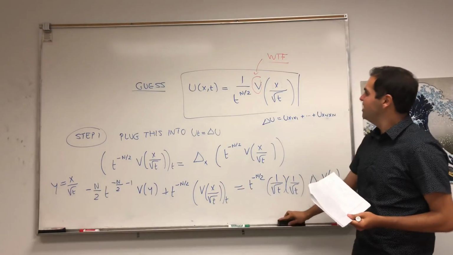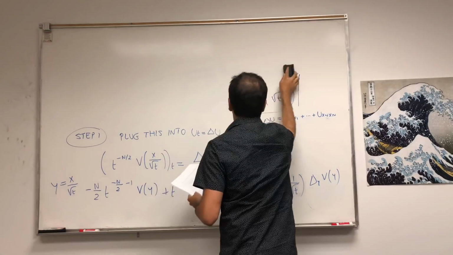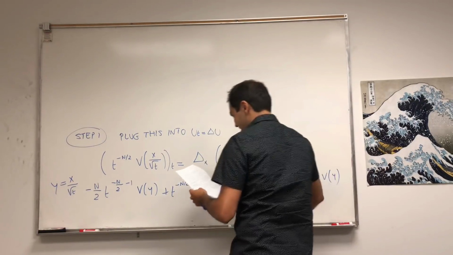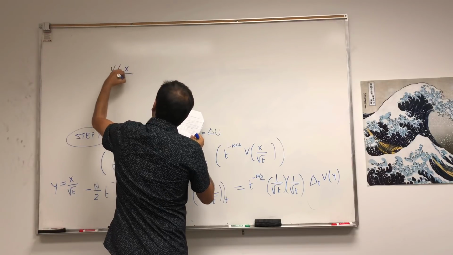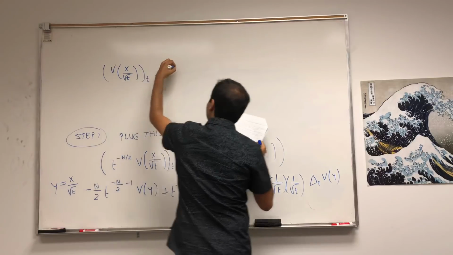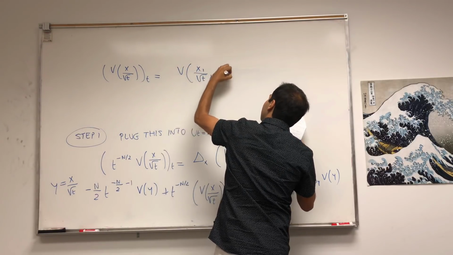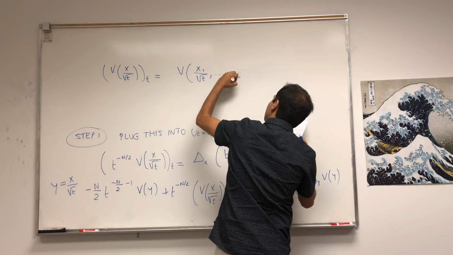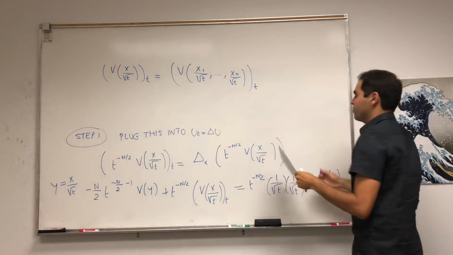Let's just do the t derivatives, just for the sake of completeness. Alright, so let's see, v of x over square root of t, t. Really in terms of variables, that's v of x1 over square root of t, dot dot dot xn over square root of t, with respect to t.